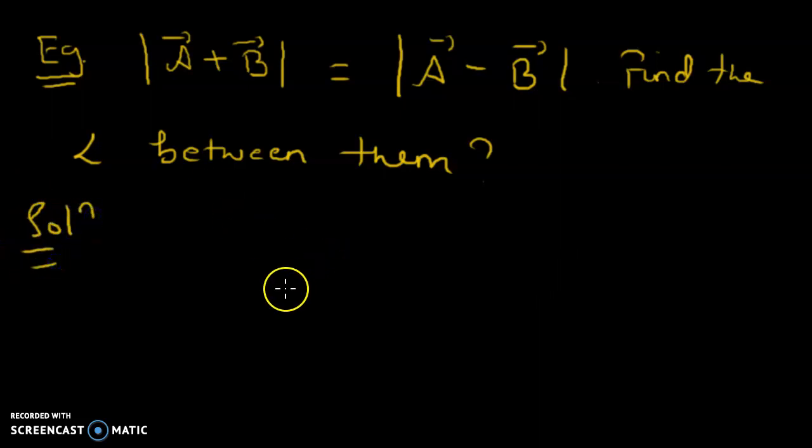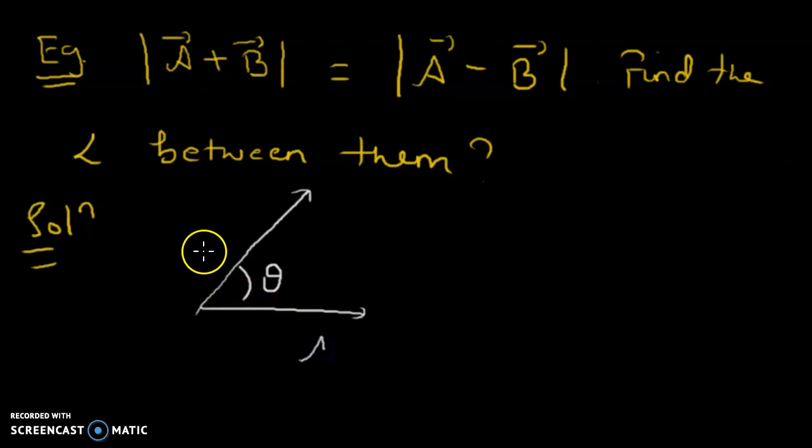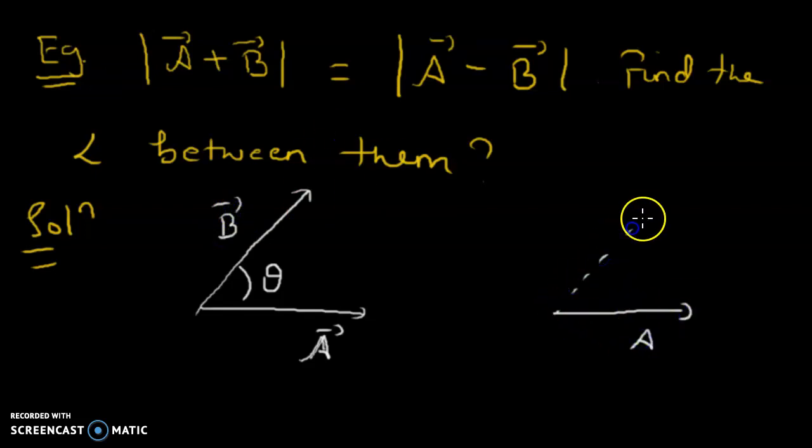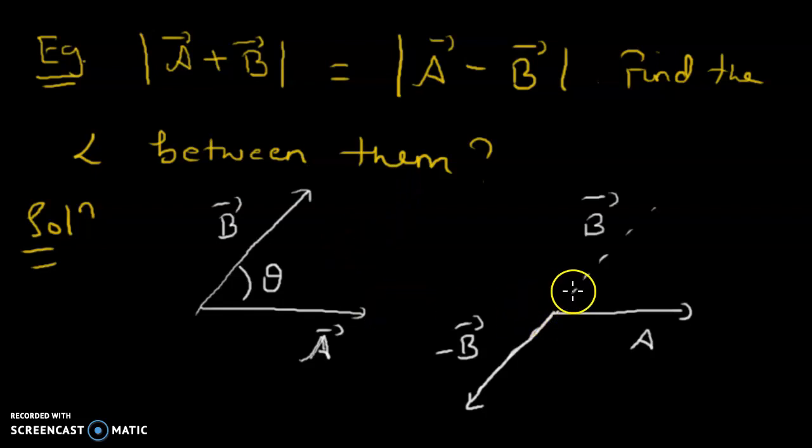For example, say there are two vectors A and B and the angle between them is theta. If I need to find the difference, then A is there and I need to take the negative of B. I told you that difference, subtraction, is nothing but the negative of addition in this case.